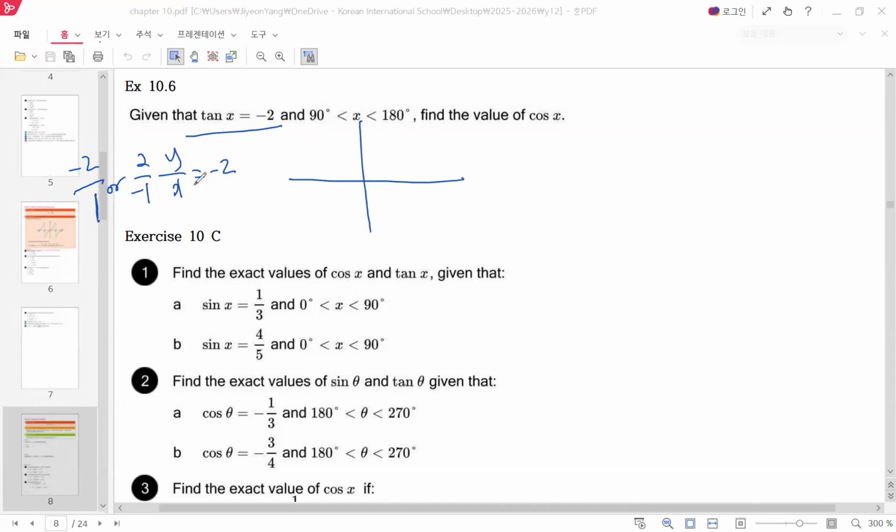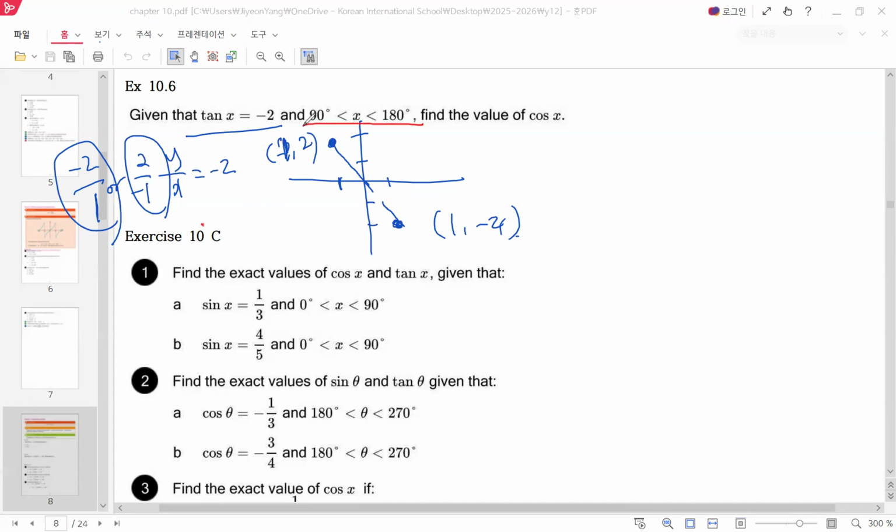So the coordinate of this one, x is -1, y is +2, or this one, students, 1, -2. Do you understand? And then the angle is given between 90 and 180, so you should choose this one.